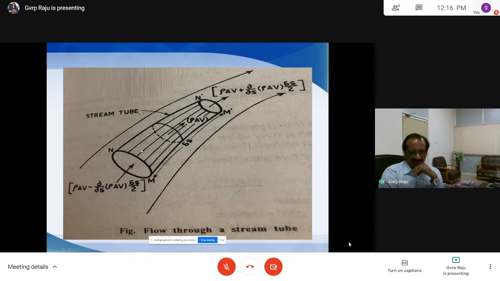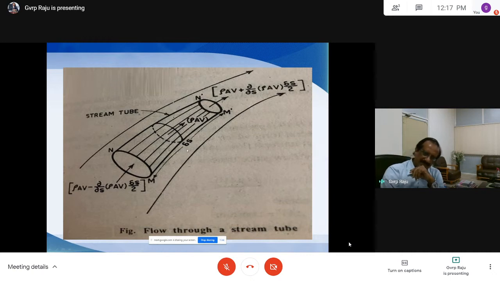Suppose you want to find the inflow. The inflow is equal to the known value here, rho A V, with a negative sign because you are moving towards the negative side, plus the change of mass. The change of mass is d by ds of rho A V, with reference to distance ds.